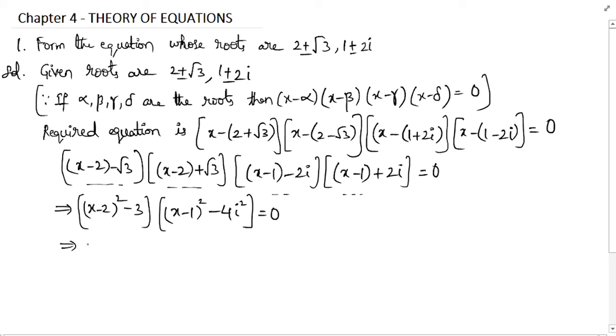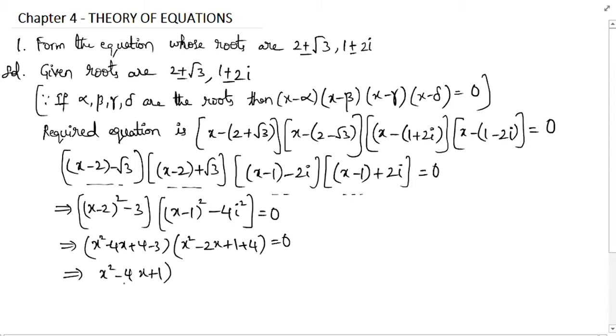So that implies (x square minus 4x plus 4 minus 3) into (x square minus 2x plus 1 plus 4) is equal to 0. Which implies (x square minus 4x plus 1) into (x square minus 2x plus 5) is equal to 0.